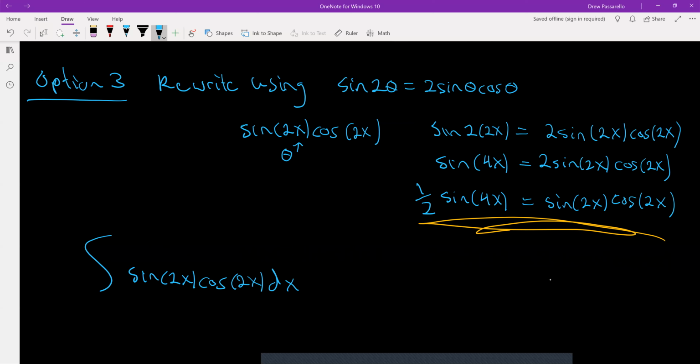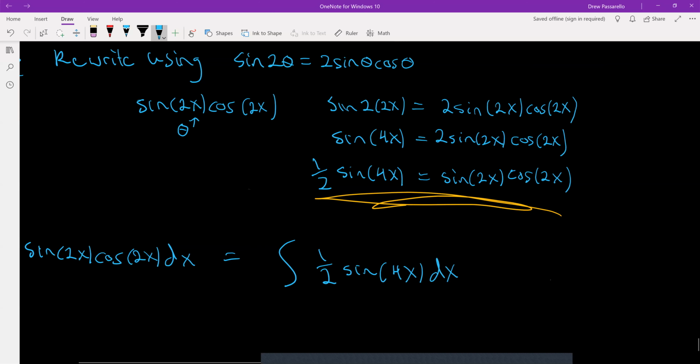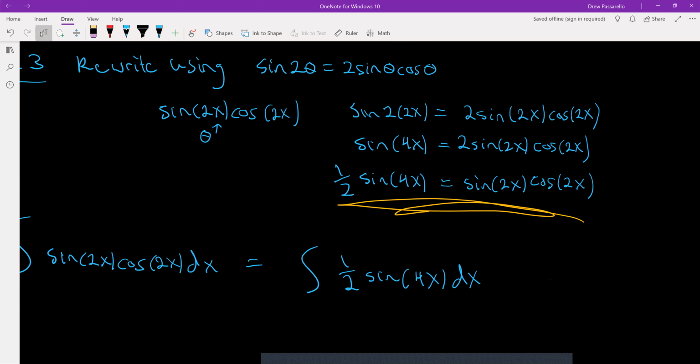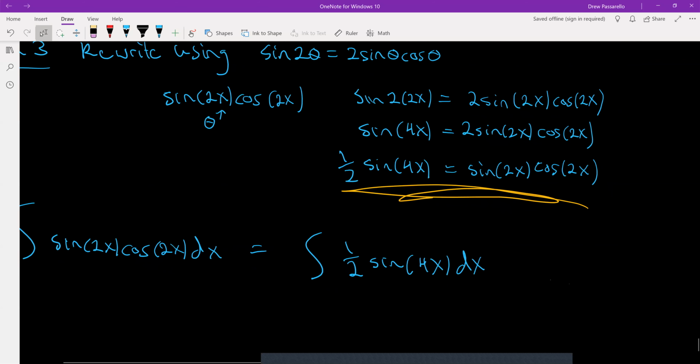Now I use a double angle identity and rewrote it so that now it turns into the integral of 1/2 sine of 4x. And so that way it's only one trig function. Now this way it's more complicated because you had to remember a trig identity, the double angle identity.